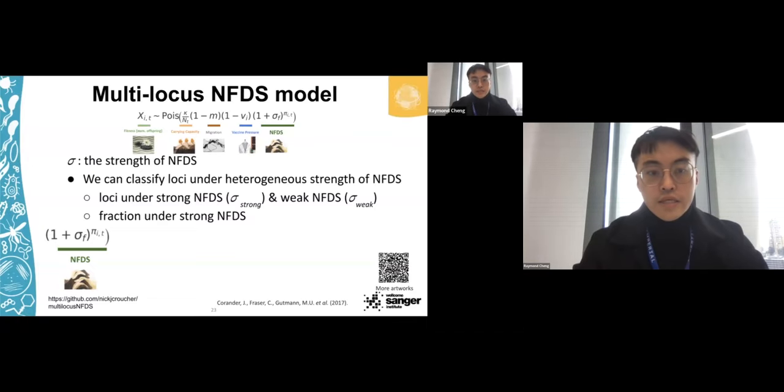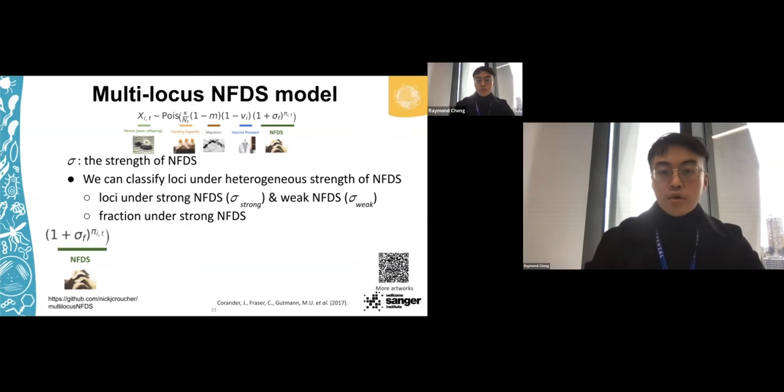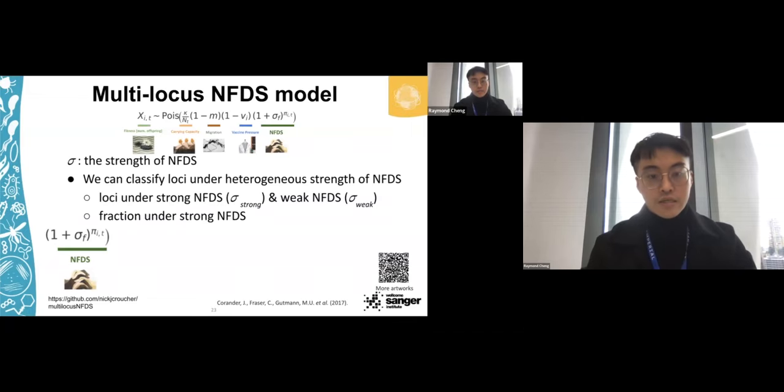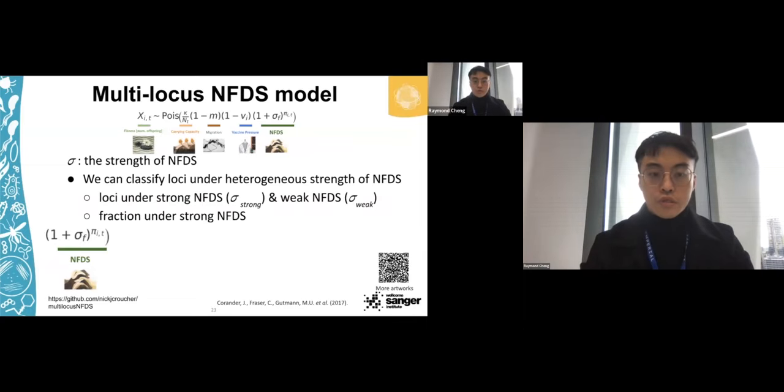The other component in the NFDS part is the strength of NFDS. We can classify the loci by heterogeneous strength of NFDS, by categorizing a proportion of genes that are under strong NFDS and a proportion of genes that are under weak NFDS. By doing so, we can make a better estimate: this set of genes is under very strong selection pressure, and these sets are actually more neutral.